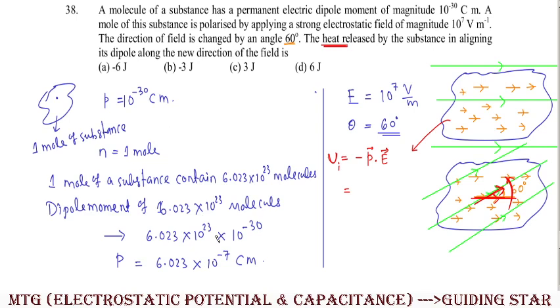The value of P for 1 mole of substance, we know that it is 6.023 into 10 to the power minus 7, into E is given 10 to the power 7, and here in this particular case, the theta is how much? Here theta equal to 0 degree. Clear? If theta is equal to 0, that means it will be cos 0. Clear? So finally, how much we will get?